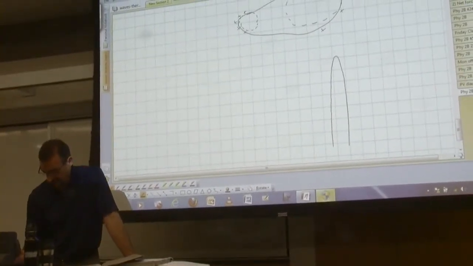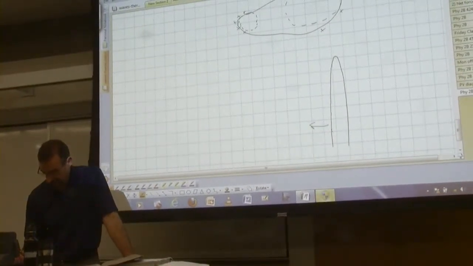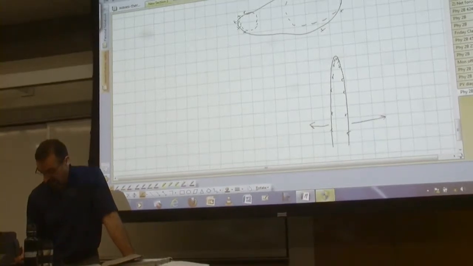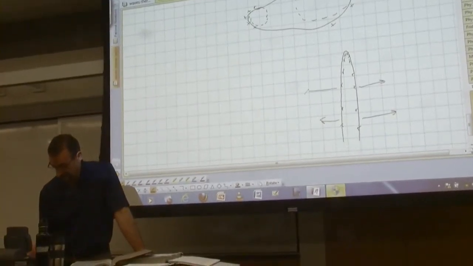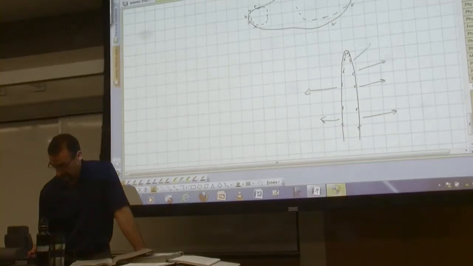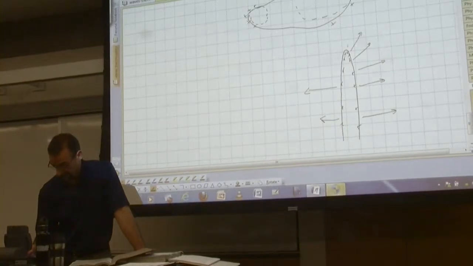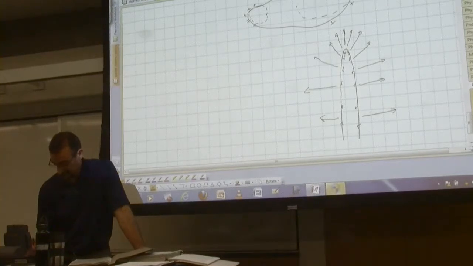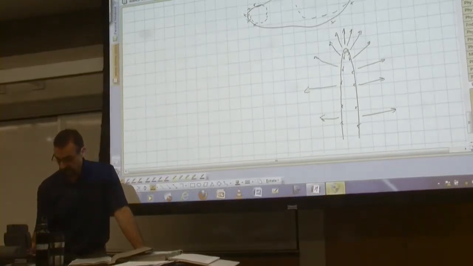So the electric field, this is some charged object. The electric field points out like that. And where's the electric field the strongest?